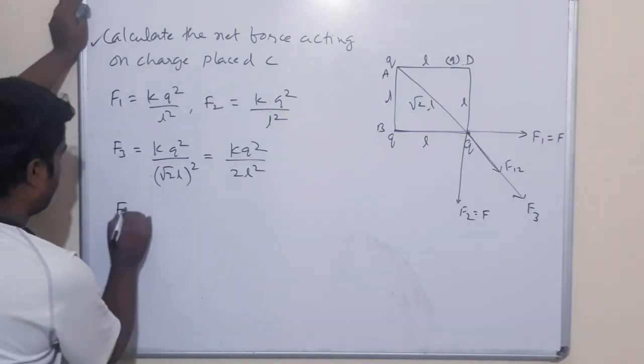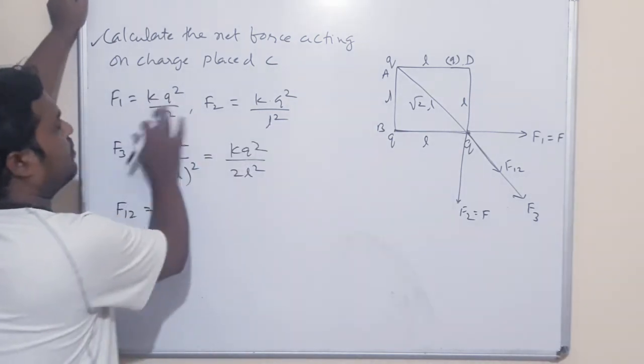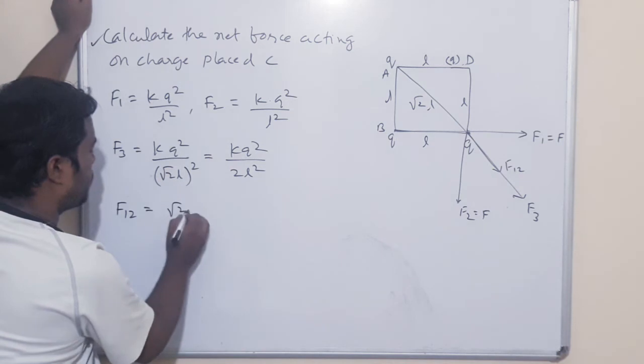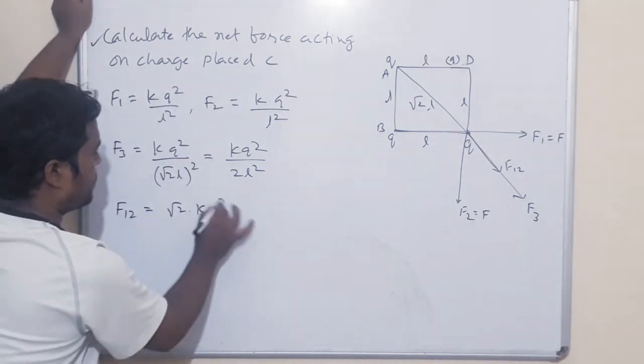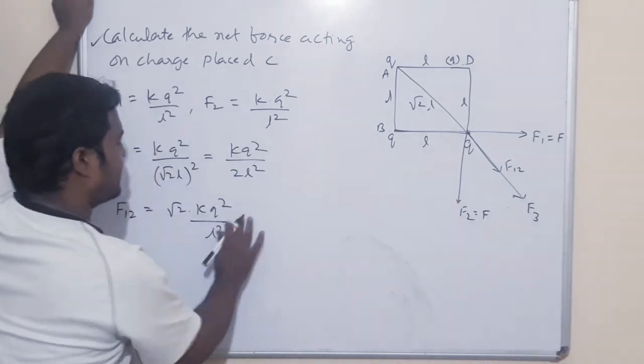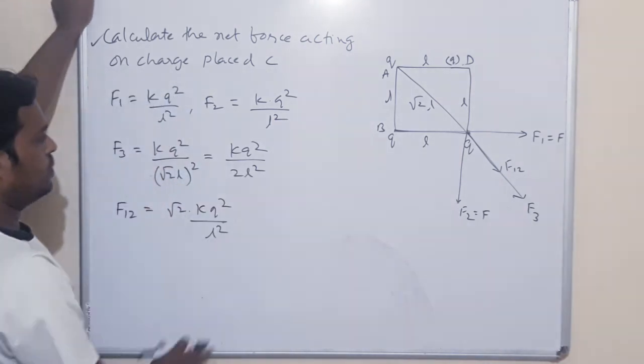What is the resultant of 1 and 2? These two are equal, angle is 90. So the resultant is root 2 multiplied by this force, k q square by L square. Then this is the resultant of 1 and 2.